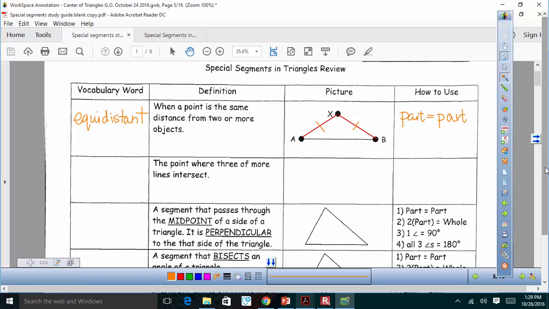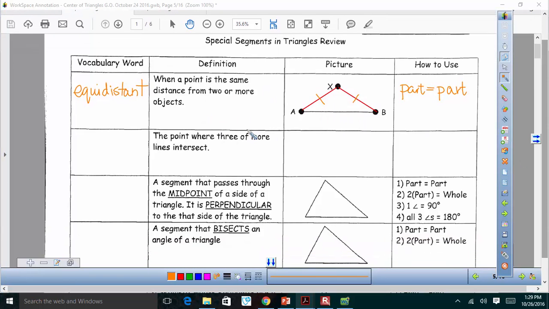Now, do y'all remember the term for the point where 3 or more lines intersect? Point of what? Point of concurrency.